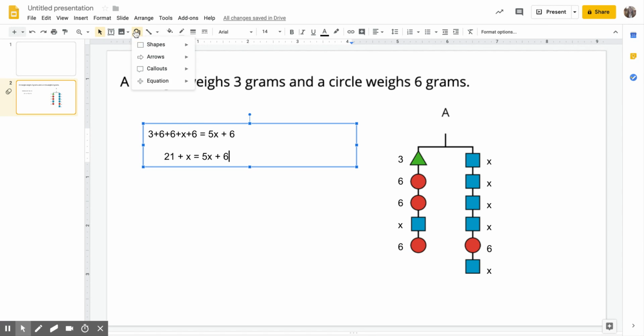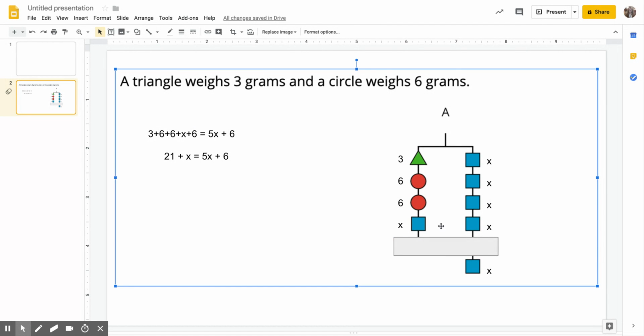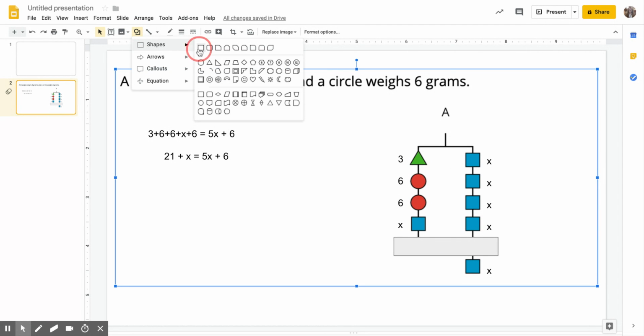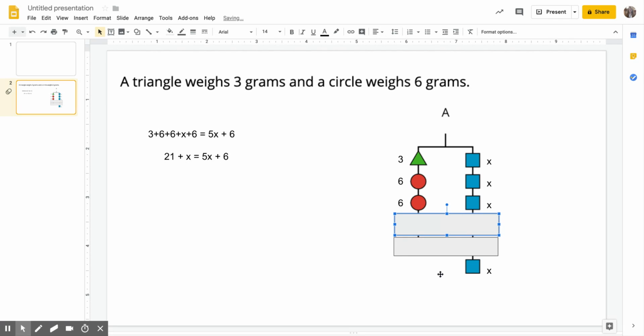So I should be able to just get rid of those. So let's get rid of those 2 circles. Now, the same idea happens with this square and one of my squares from here. So let's get rid of these 2 squares. My hanger should remain balanced.